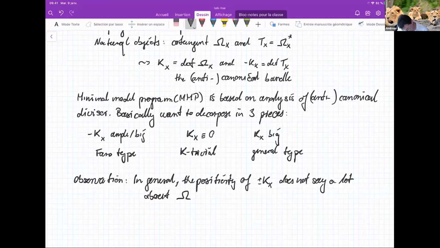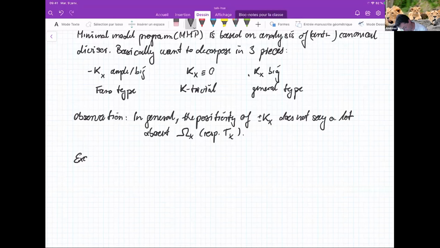Example: let's look at projective manifolds with trivial canonical class, manifolds with K_X numerically trivial. These manifolds come in three different flavors.